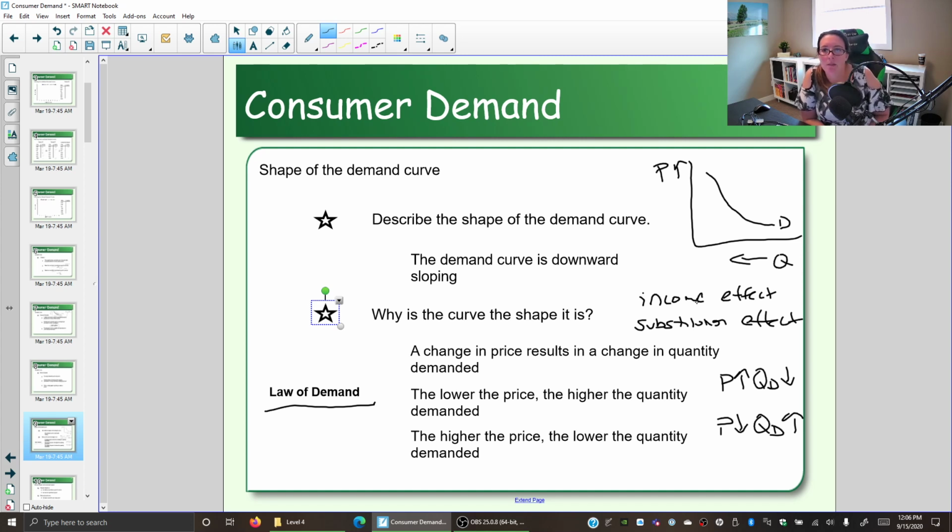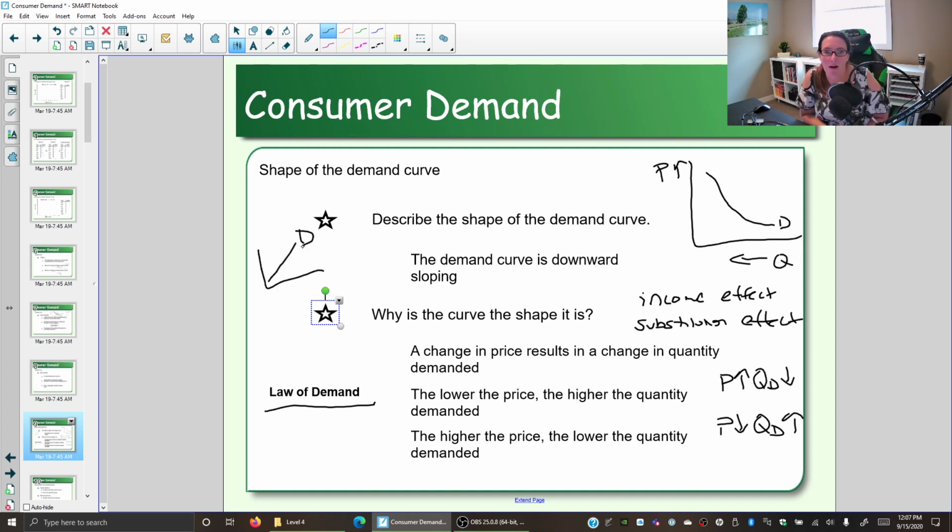Now, most demand curves follow the law of demand. When prices go up, the amount that you're willing and able to buy is less. And when prices go down, the amount you're willing and able to buy is more. There are goods, however, that don't follow the law of demand, that instead of a downward sloping demand curve, actually go up like this.